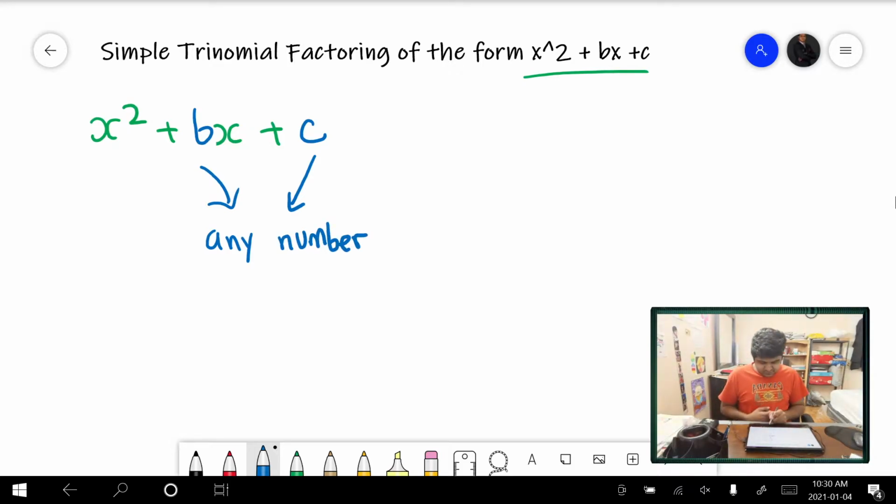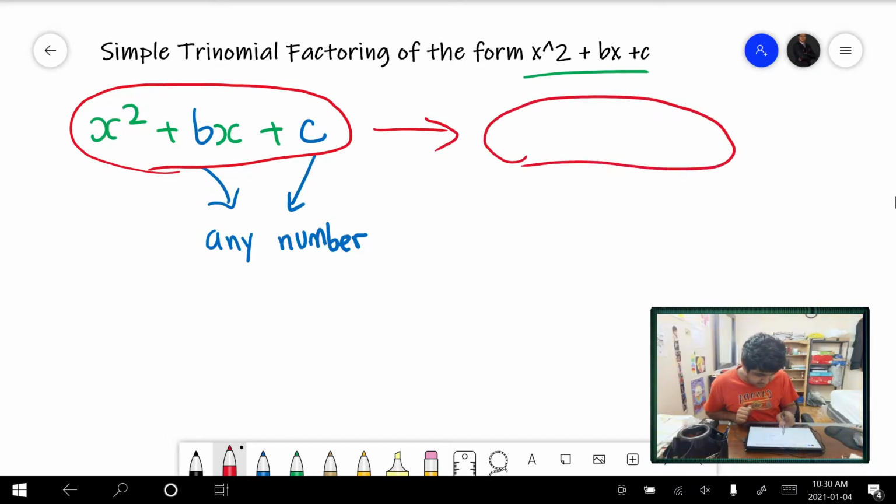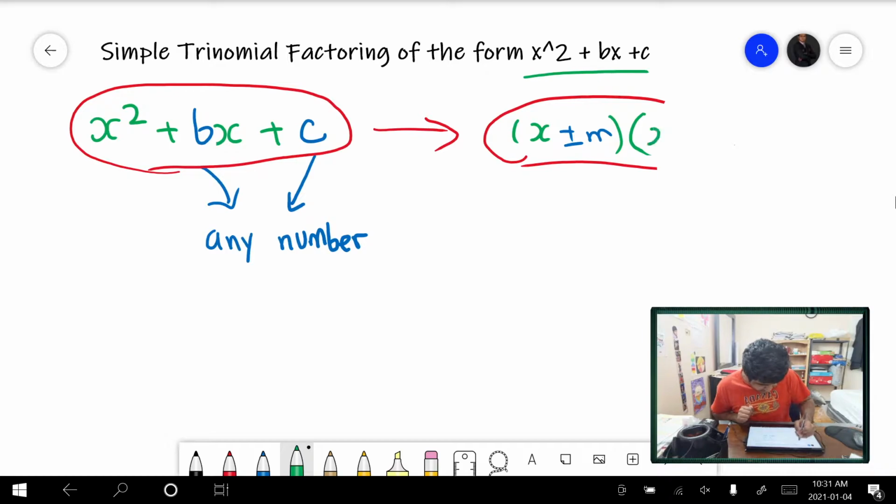And the objective of today's lesson is to put this value, x squared plus bx plus c, as an expression that looks somewhat like this. It's going to look like x plus or minus m, and x plus or minus n, right?